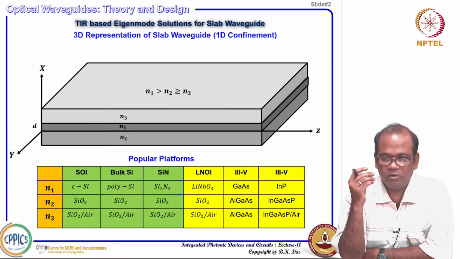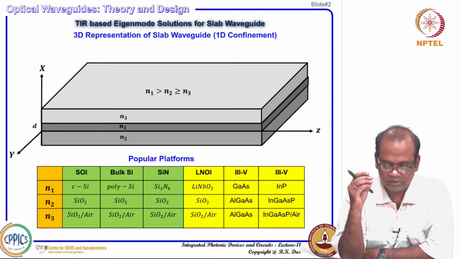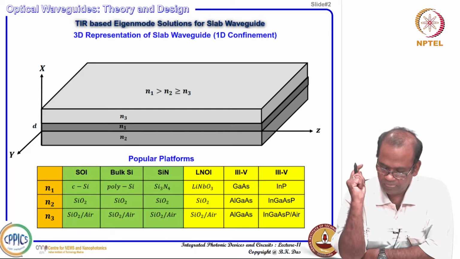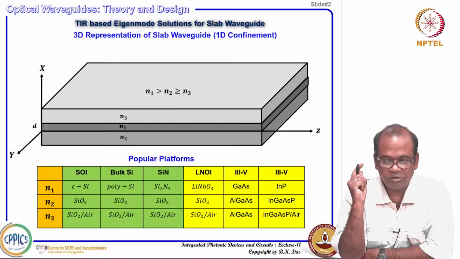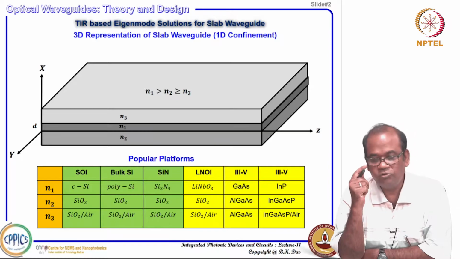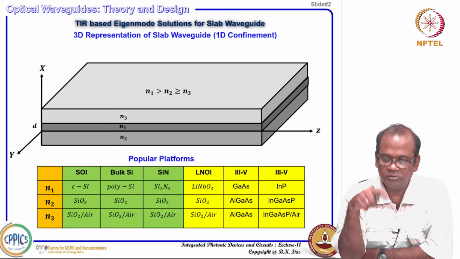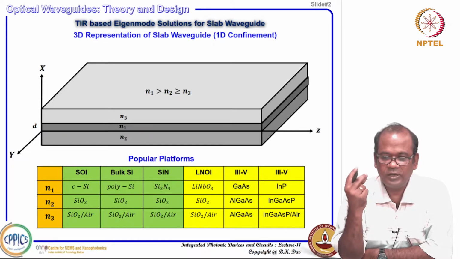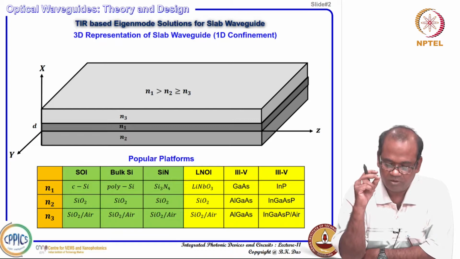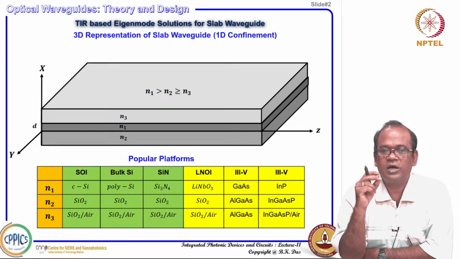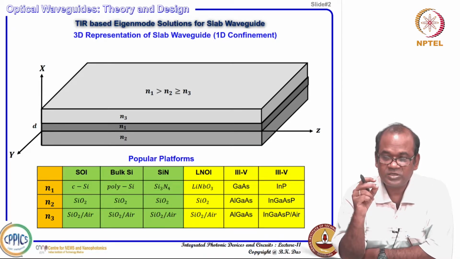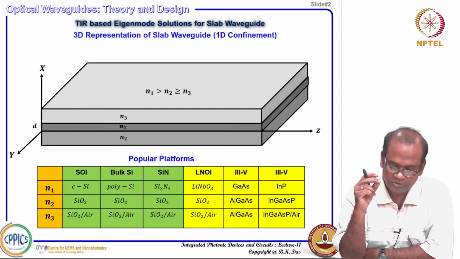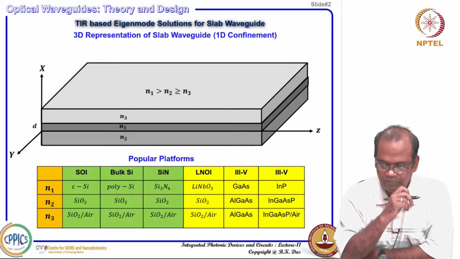You must know that this slab waveguide is normally not so useful for your photonic integrated circuit, because for photonic integrated circuits you need two-dimensional confinement. However, to start understanding optical waveguiding, we will start with a planar waveguide structure.